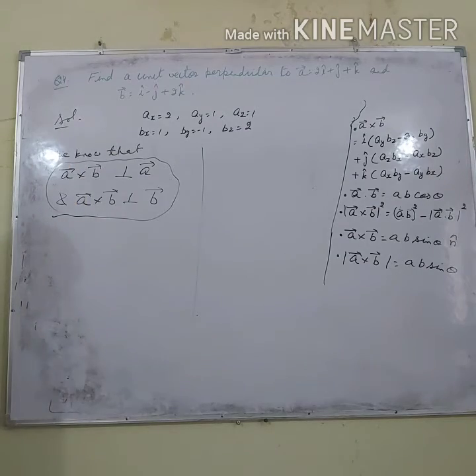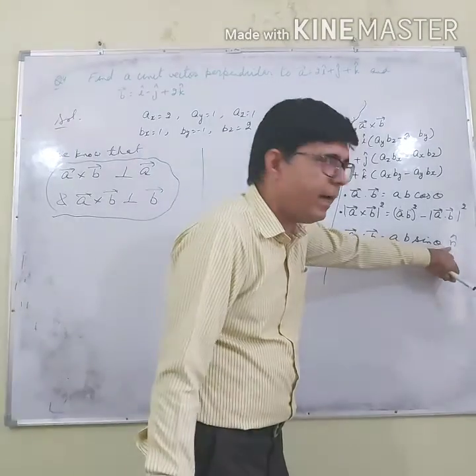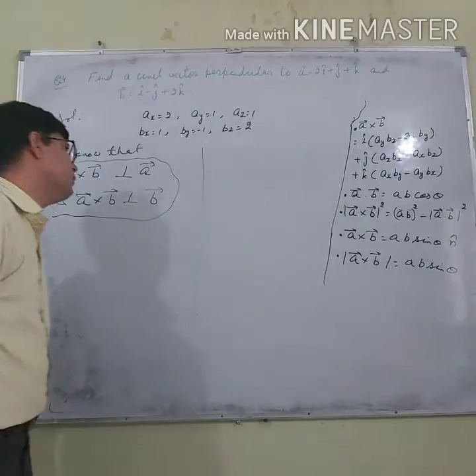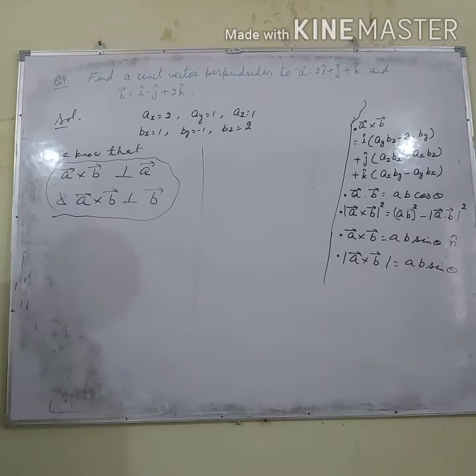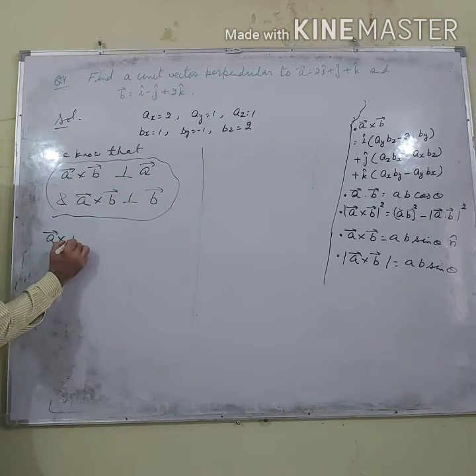The cross product is always perpendicular to these. Why? Because the direction of the cross product is n cap, and n cap is perpendicular to A and perpendicular to B. So I can say A cross B is perpendicular to A. So if I can find a vector which is perpendicular to both A and B, for that I have to find out A cross B.